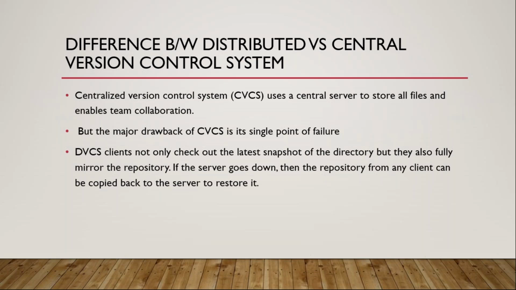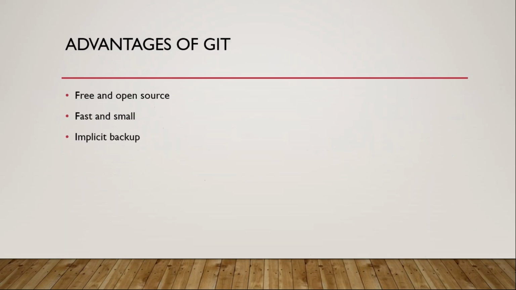Now coming to the distributed version control system, all the clients have the exact copy of whatever is there in the server or any other PC. That is the main difference. The main advantages of using Git are that it is free and open source. It is simple and fast.